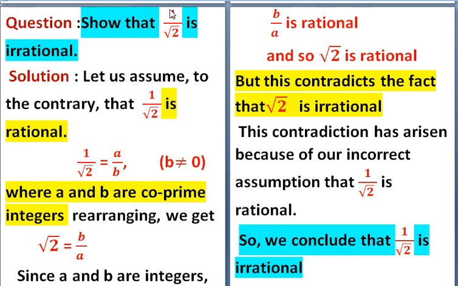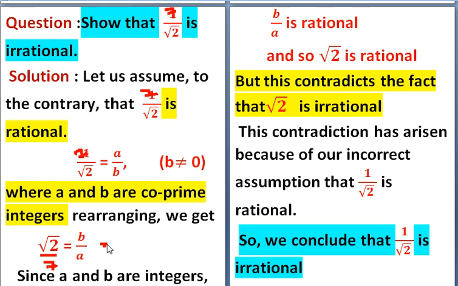Similar to this question, your examiner can ask 7 by root 2. If in your exam it is 7 by root 2, then the reciprocal of this will be root 2 by 7.